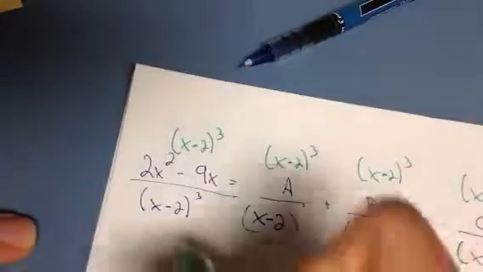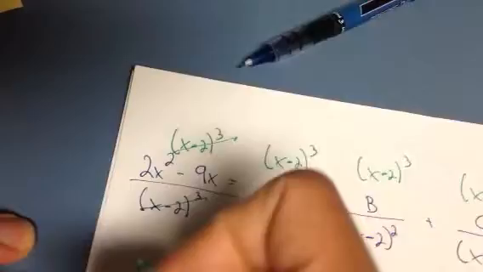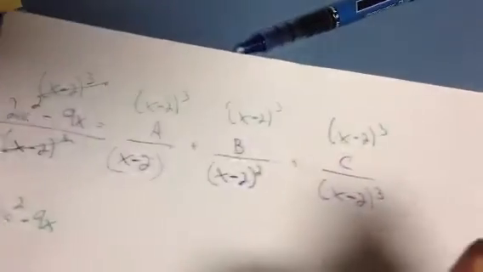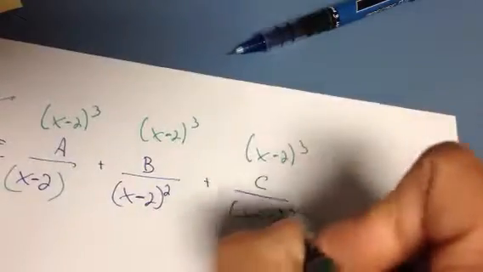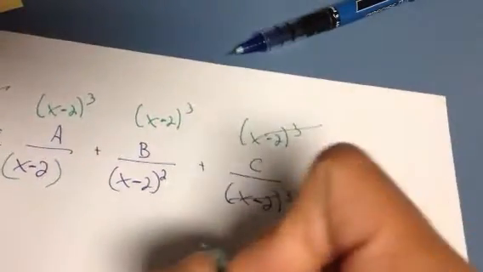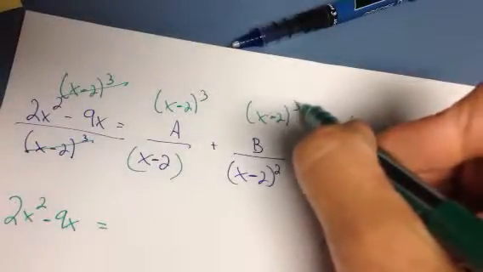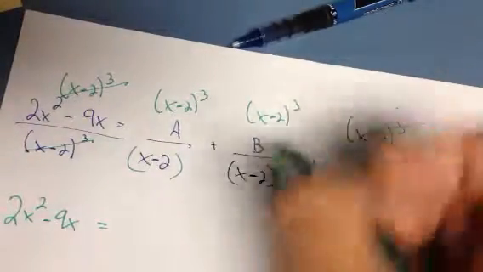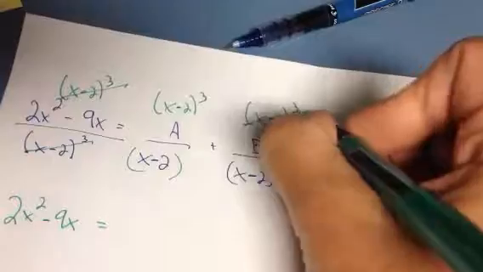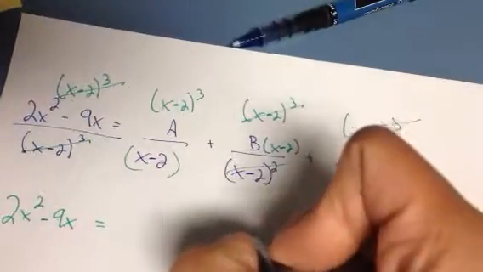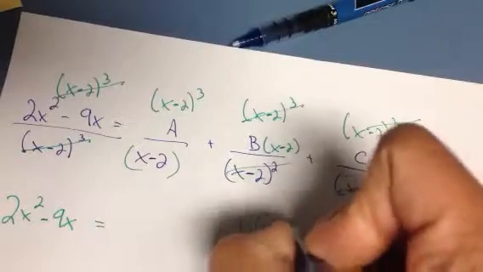So first, this takes out all of this, and you're just left with 2x squared minus 9x. I'm actually going to go to the end. This takes out all of this, so she's just left with C. And this one, she's using the rule of exponents, that 3 of these and 2 of these would cancel out, so you're just left with 1 of these x minus 2's on top. So here she has B with x minus 2.